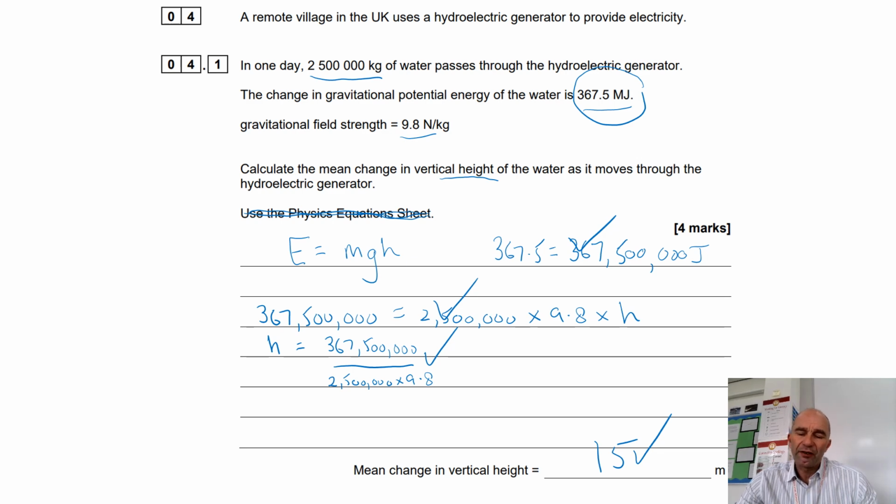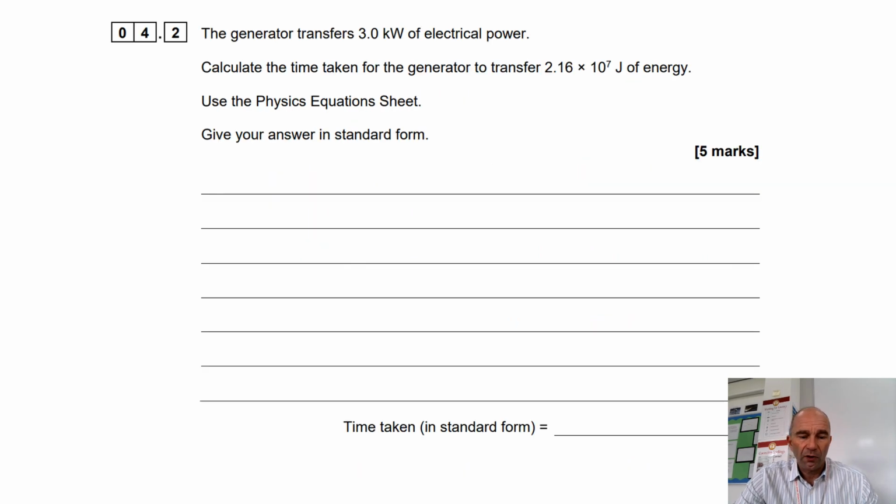Now, if you didn't convert your energy into joules, you'd only lose 1 mark. So your answer would be out by a factor of 1 million, but you could still get 3 marks because it would just be an error carried forward. Right, 4.2.